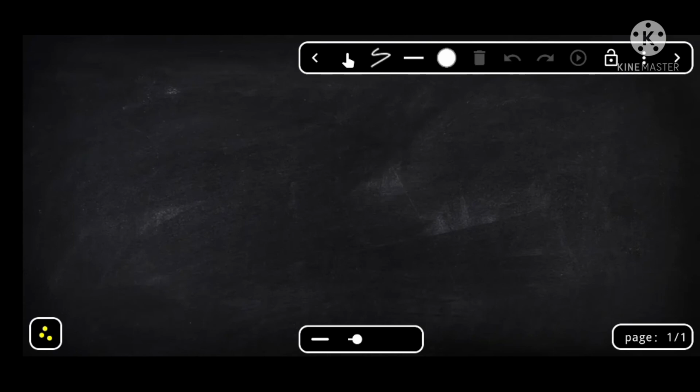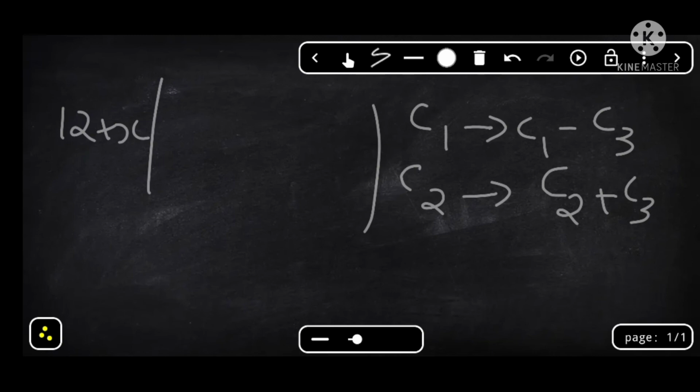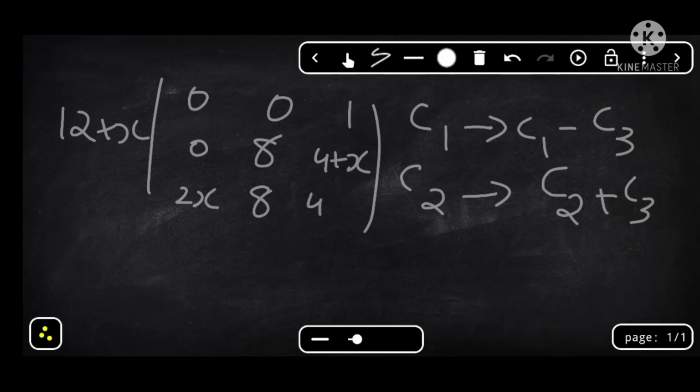Now next we are going to do two operations. C1 as C1 minus C3 and C2 as C2 plus C3. Okay. So 12 plus x outside, so we'll be getting as 0, 0, 1, 0, 8, 4 plus x, then 2x, 8, 4 minus x.